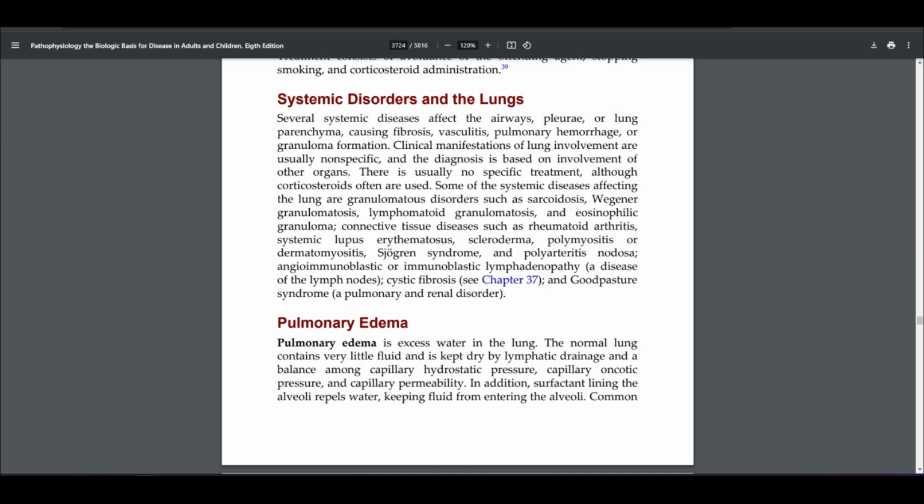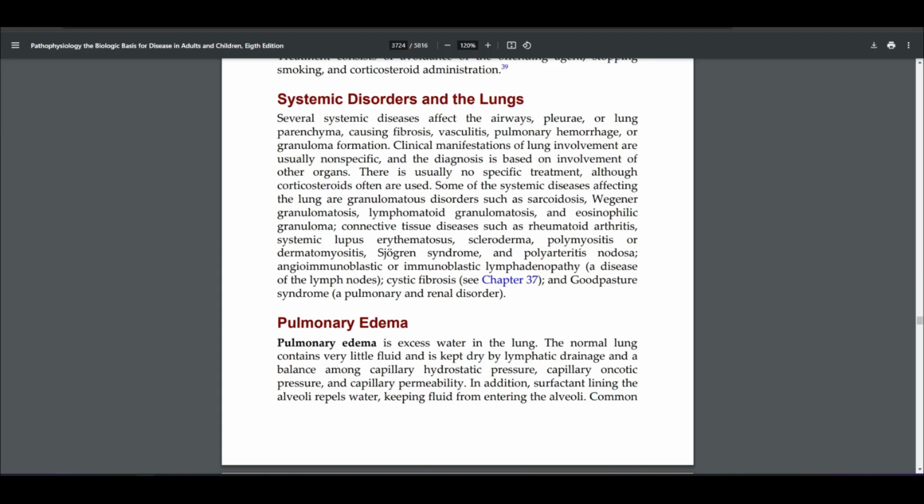granulomatous disorders, such as sarcoidosis, Wegener granulomatosis, lymphomatoid granulomatosis, and eosinophilic granuloma.